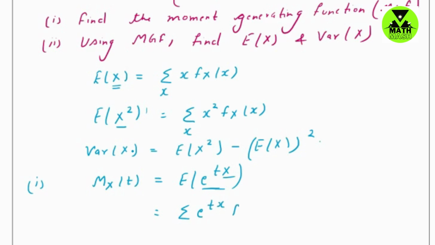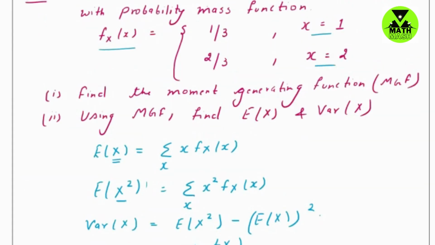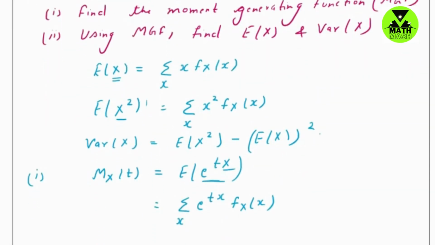Now the probability mass function of this random variable, f_X(x), and summation over all the possible values of x. Here we have two values of x. One is x equals 1 and the other is x equals 2.